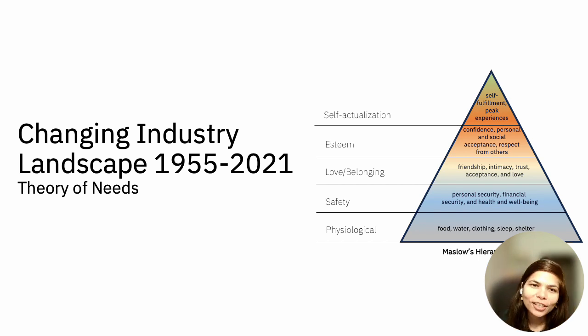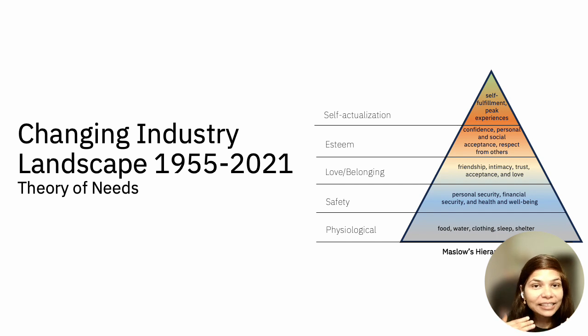In the early 1940s, Abraham Maslow, an American psychologist, came up with the theory of needs. The theory of needs states that human needs can be categorized into 5 groups, and these needs build one upon the other. So once your physiological needs are met, you will start looking to fulfill your safety need.